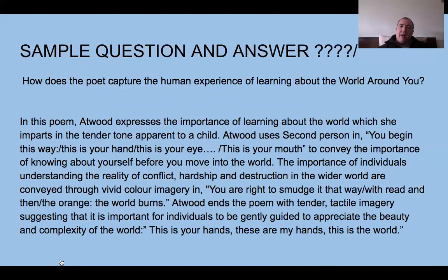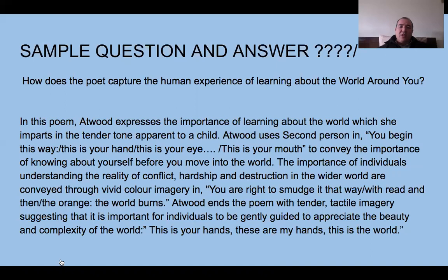In this poem, Atwood expresses the importance of learning about the world, which she imparts in the tender tone apparent to a child. Atwood uses second person in, "you begin this way, this is your hand, this is your eye, this is your mouth," to convey the importance of knowing about yourself before you move into the world.